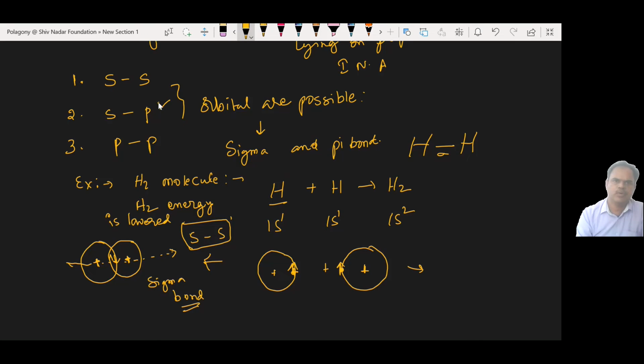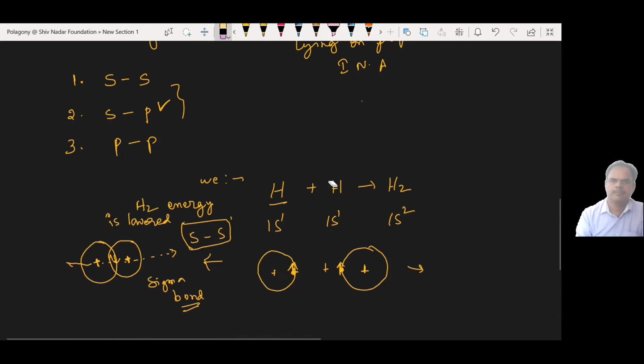The next type of atomic orbital overlap is sp orbital overlap. Now, let us discuss the second type of orbital overlap, which is sp overlap.